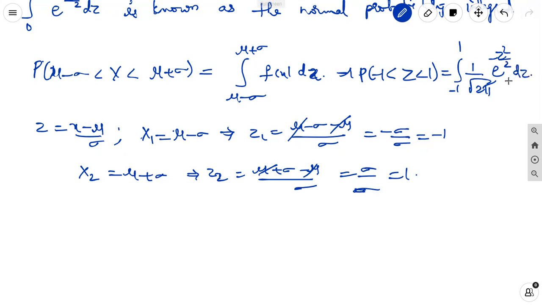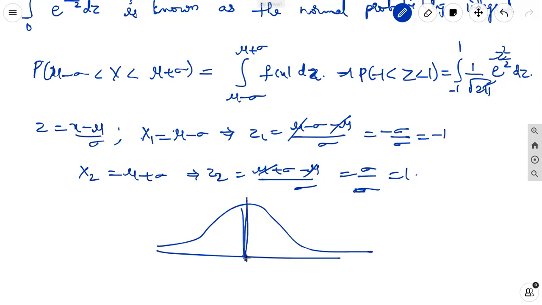This is the integrand value. Here in the normal curve, this is 0, z is equal to 0. Whatever the distance from the left side and right side, it will be the same.